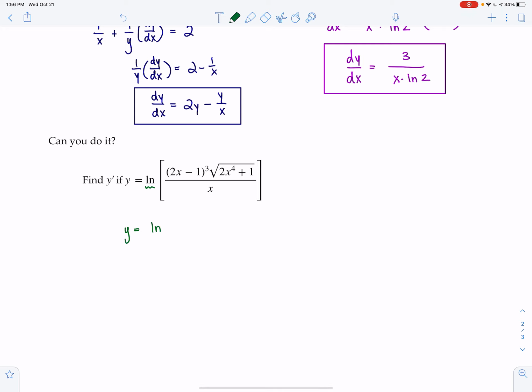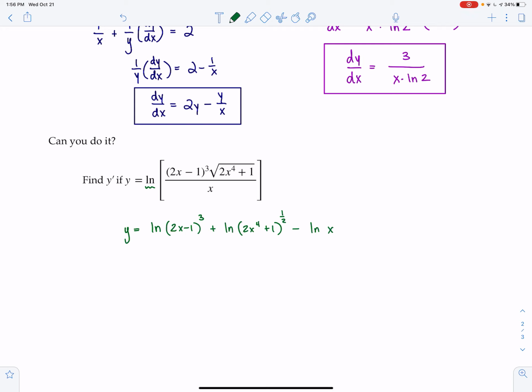The natural log of 2x minus 1 to the 3rd power plus the natural log of 2x to the 4th plus 1 to the 1/2 power minus the natural log of x.